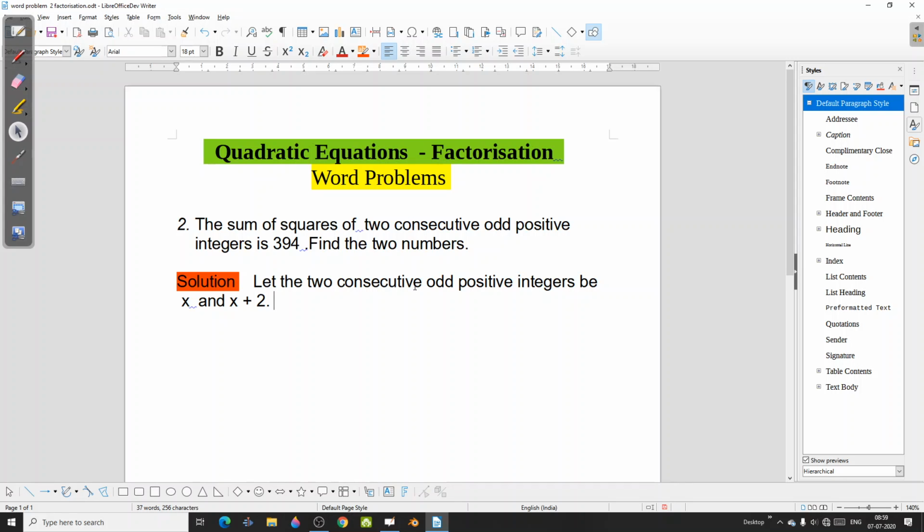Now what is given to us is that the sum of the squares of these two consecutive odd positive integers is 394. Remember that it is not the sum of these two numbers squared, it is the sum of the squares of these two numbers. So there is a difference between the two.